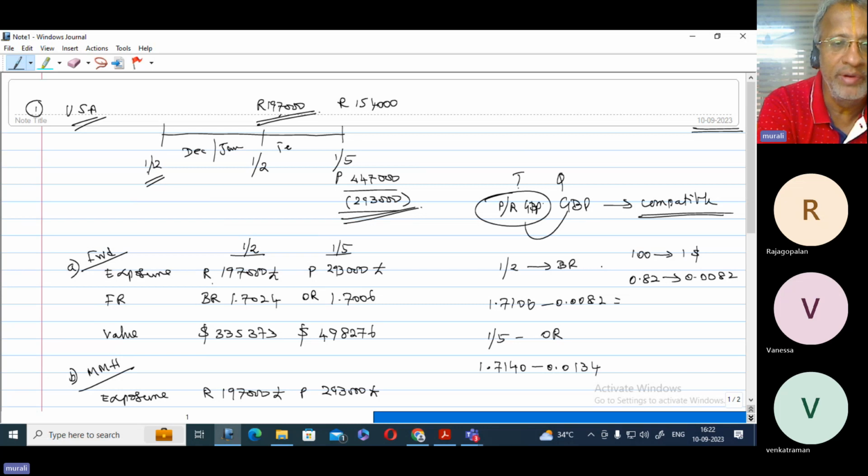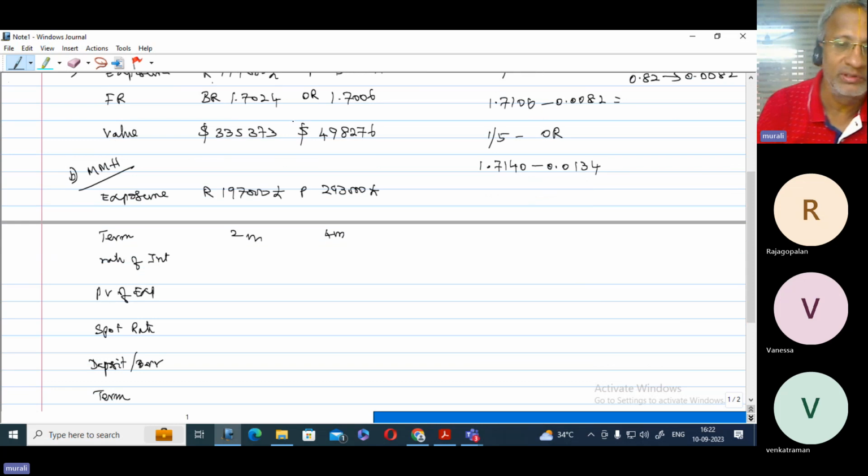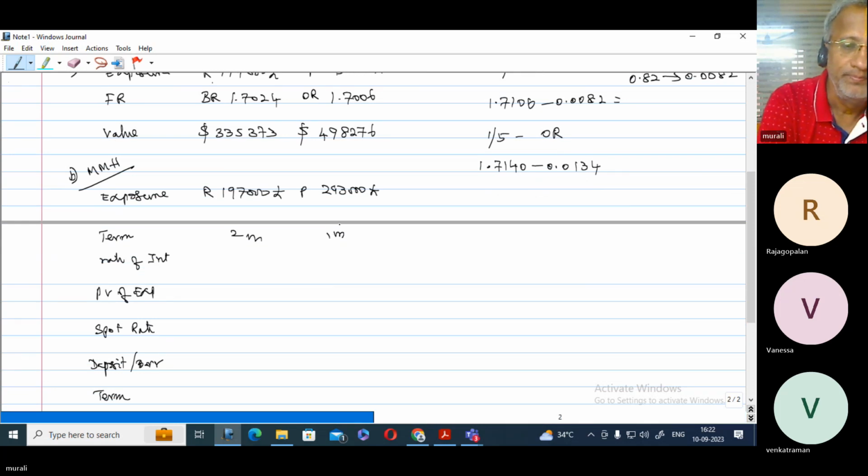Here we have February, March and April, additional 3 months, so 5 months. Correct.